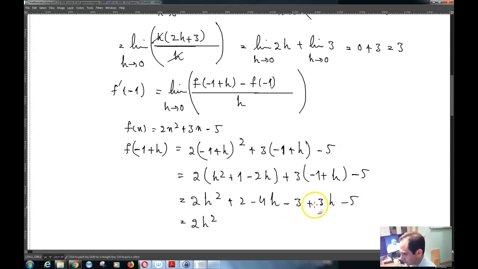Now this is negative h, and negative 8 plus 2 is negative 6. This is f of negative 1 plus h.